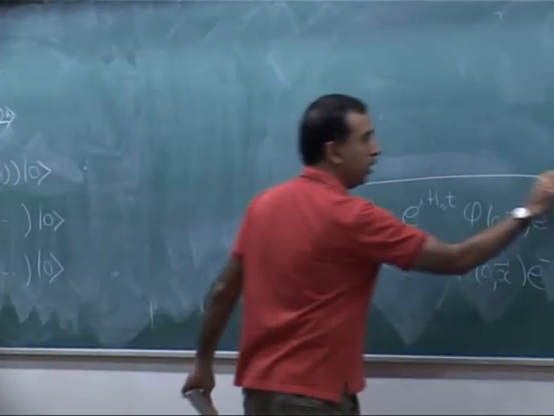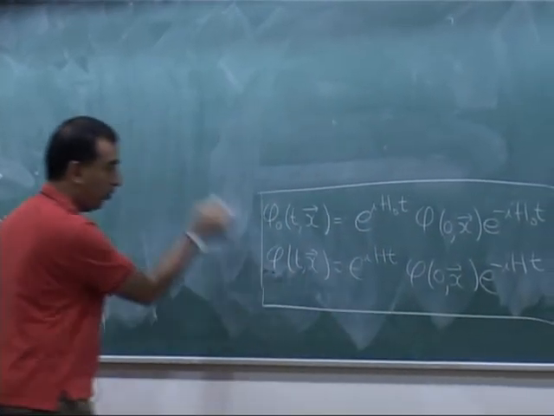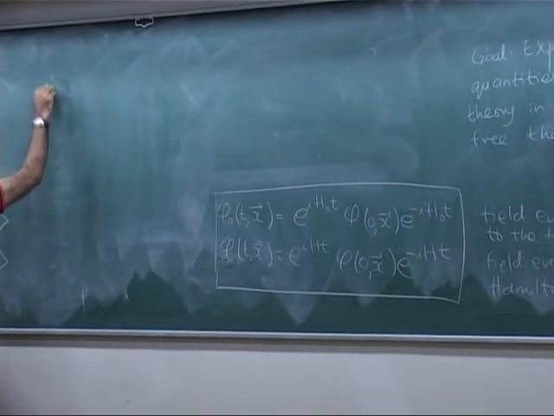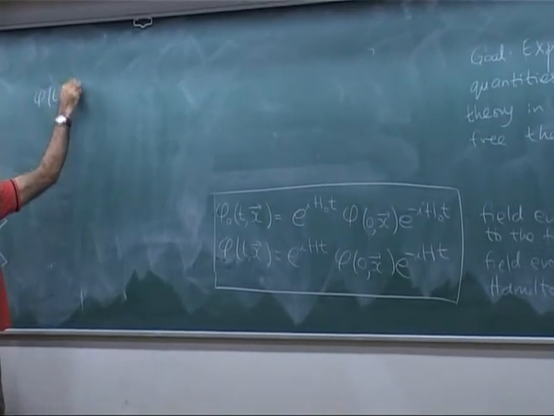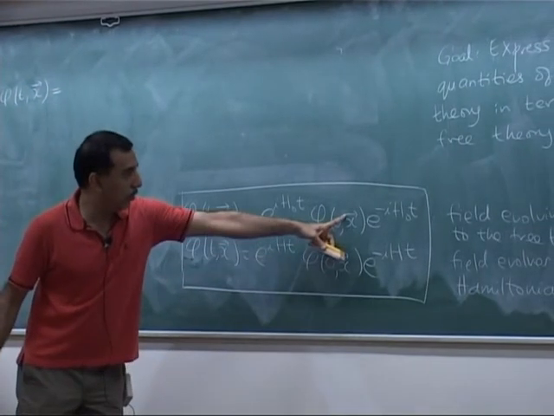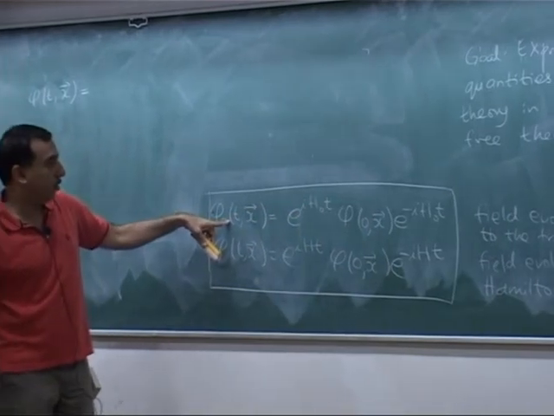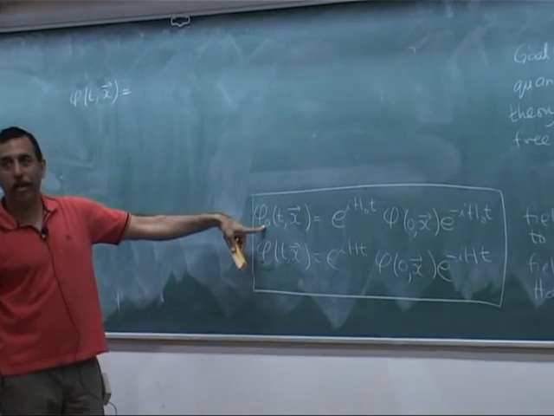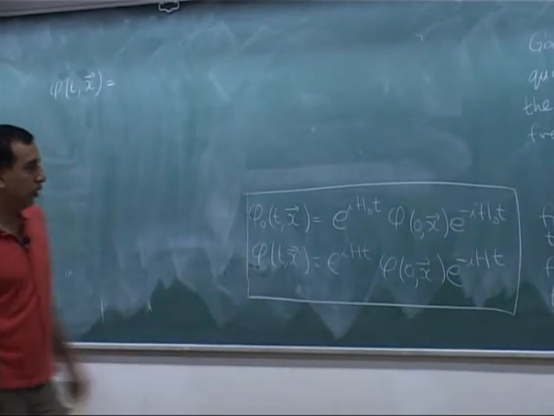Okay. Actually this tells me how phi is related to phi 0. Phi of t and x is written like this, but phi 0 can be solved from the first one. So phi at t equals 0 can be solved in terms of phi naught, just by inverting the upper relation.